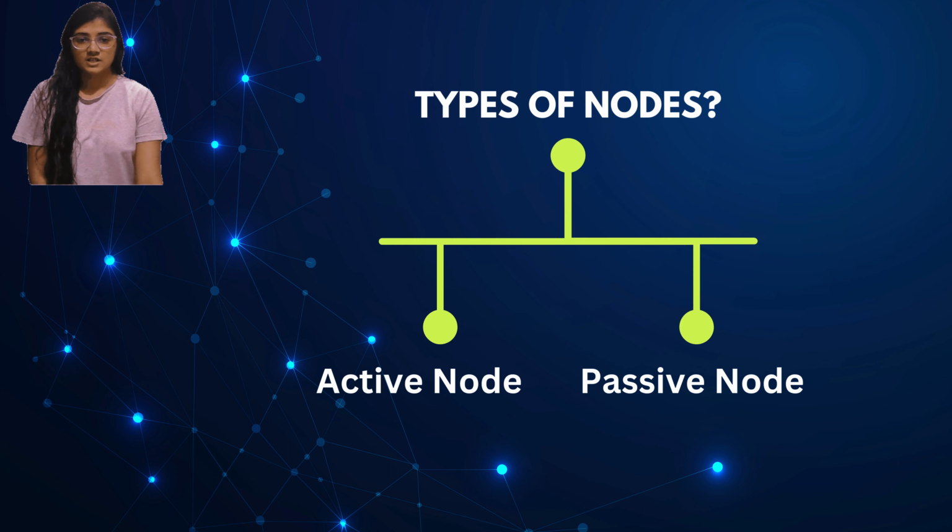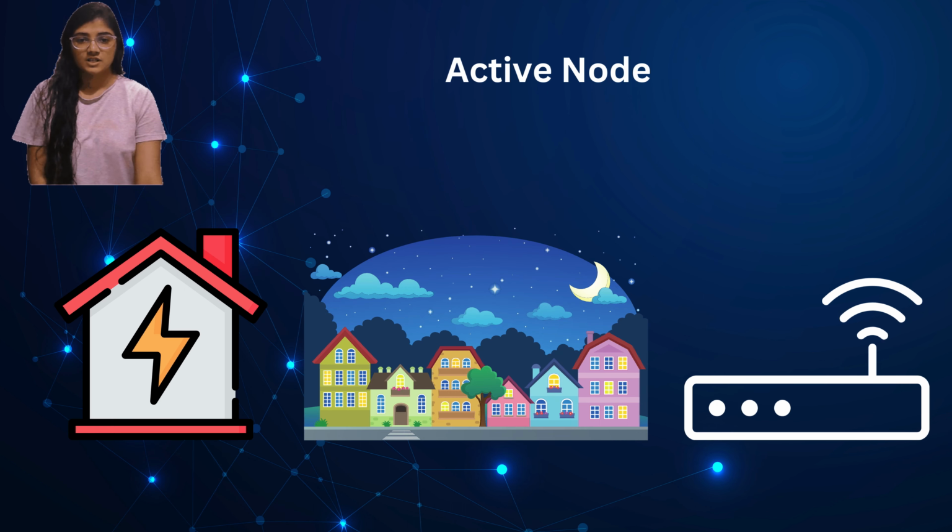Not all nodes are created equal. Let's dive into the two main types: the busy bees, known as active nodes, and the helpful assistants called passive nodes. Active nodes are the powerhouses. They are like your friendly neighborhood router, always busy, routing traffic and keeping the network humming.